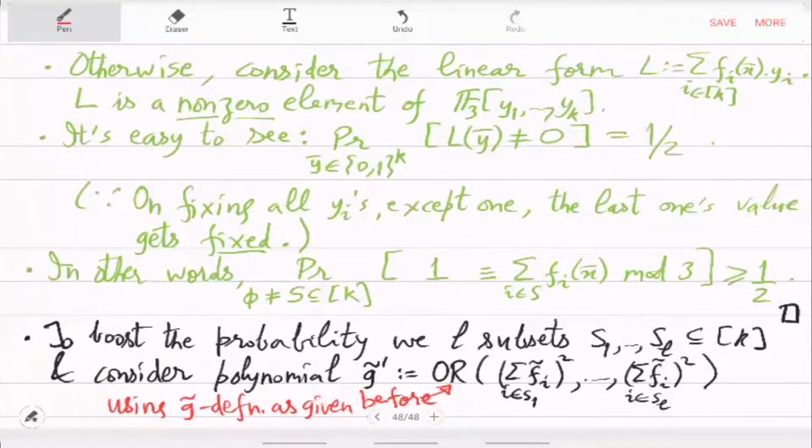That will multiply the degree of these input approximators by L, because you are using L polynomial inputs here, or L functions here. But L is small, so this is not a big blow up. Previously the blow up was by k, that we have reduced to L.